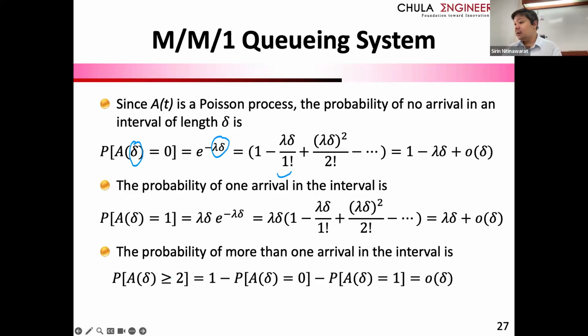So what does it mean? Remember, delta is a proxy for a shrinking interval. So the rest of the terms are super linear in delta, and in the context of asymptotics, we can see that all these other terms are going to 0 faster than a linear term in delta.